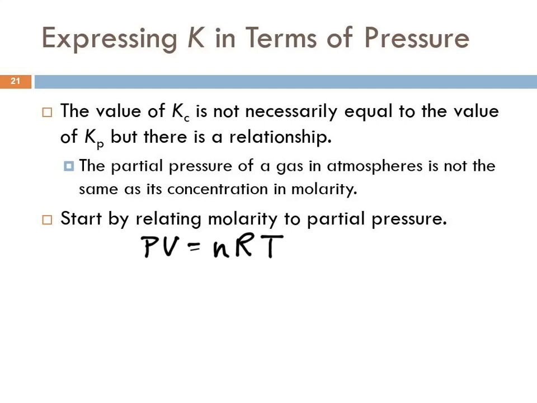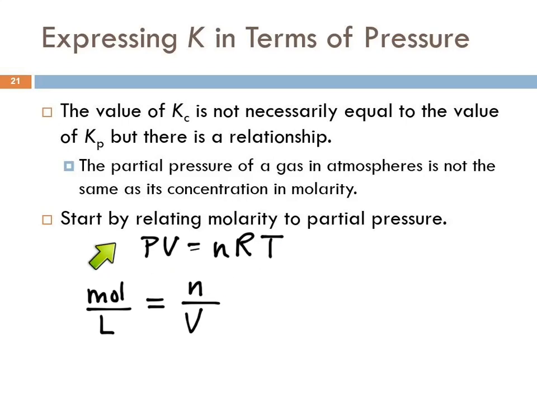So molarity is units of moles per liter, right? And in this equation, what represents moles? n. So n, and volume in liters is V. So the number of moles of gas divided by the volume is the molarity of that gas.